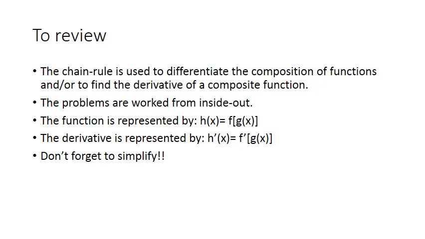It becomes h prime of x equaling f prime of g of x. It is important to note that the final step of the process is to simplify the derivative.